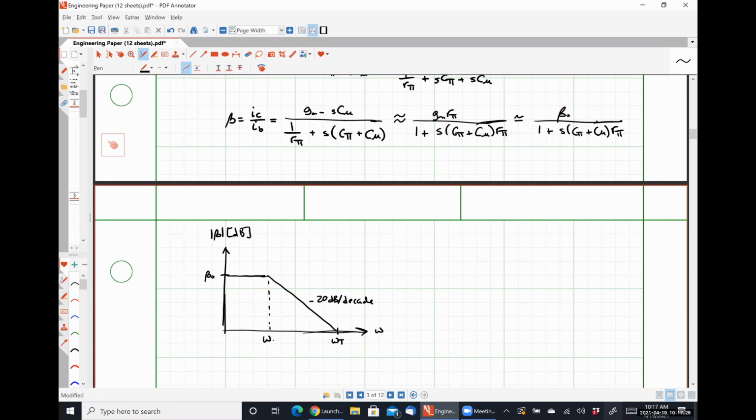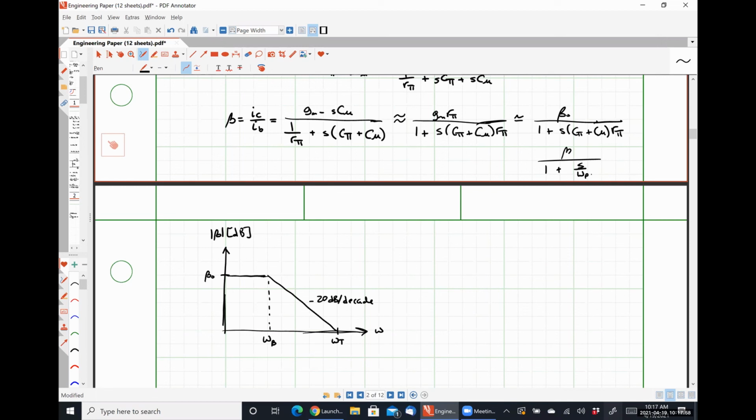This guy right here, my pole frequency, I'm going to call omega beta. Can anybody recall how to get the pole frequency from the transfer function? So this is going to be of the form beta over 1 plus S over the pole frequency, right?